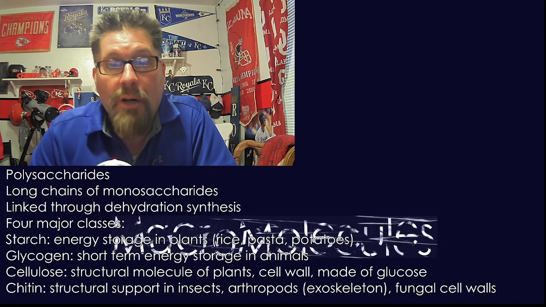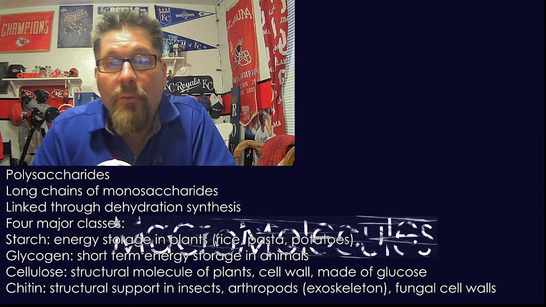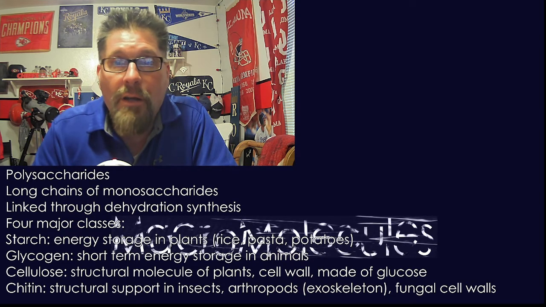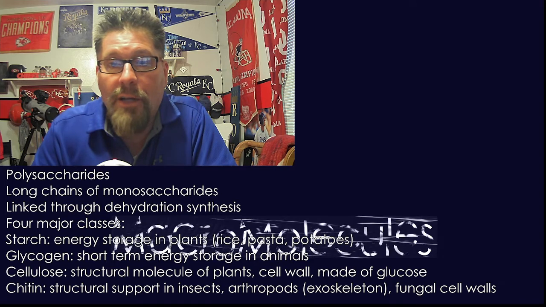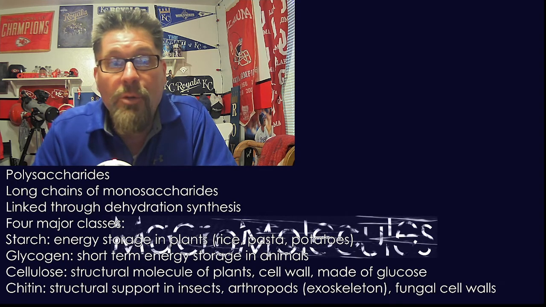Now, two other classes that are super important: cellulose. You hear about cellulite and fats and things like that, but this particular cellulose is a super important molecule because this is the cell wall. This is what helps build cell walls in plants. This is also something that we don't do well at digesting.